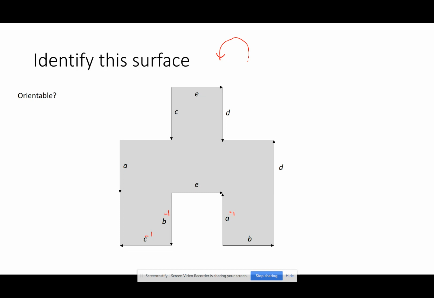Now D. There are 2 copies of D, and this is D inverse, and the other one is just D. And finally E, and again there are 2 E's, and one of them is actually E inverse. So since all the 5 pairs of edges appear in pairs where the 2 edges in each pair have opposite direction along the boundary of the plane model, it means that the surface is orientable.